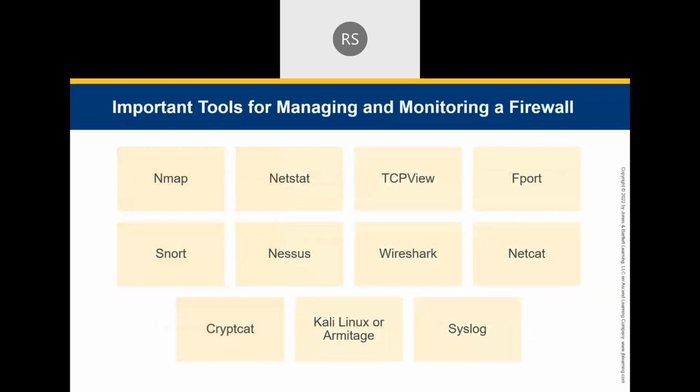Nessus is a vulnerability scanner tool used for identifying security vulnerabilities in systems and networks. Wireshark is a network protocol analyzer that captures and displays data that is traveling back and forth on the network. Netcat is a utility for reading from and writing to network connections using TCP or UDP.